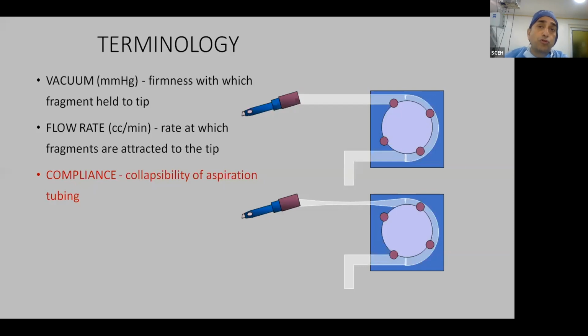Now those who use autoclavable tubings, over a period of several autoclaves, the tubings become more compliant. And so they collapse, and that causes surge. So we had a question, how do you prevent surge? The answer to that is non-compliant tubings. You need to have non-compliant tubings to prevent surge.